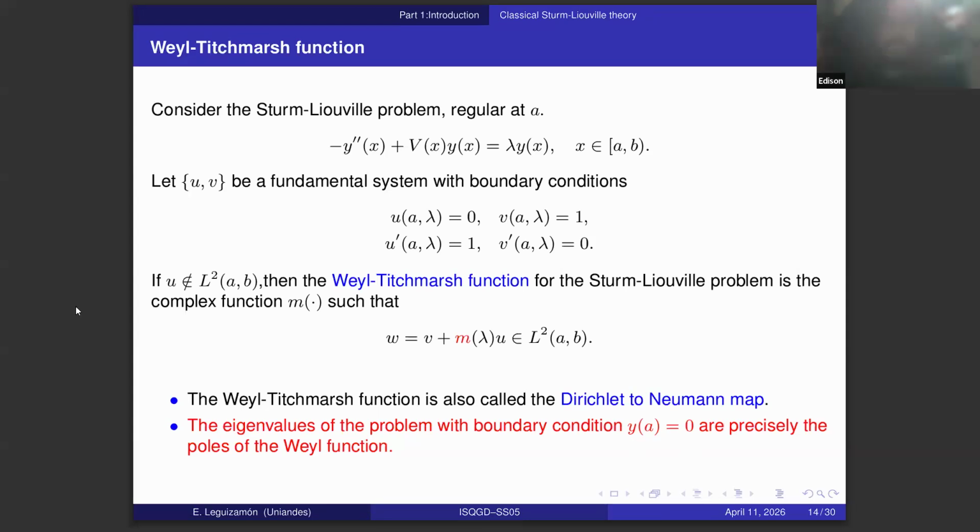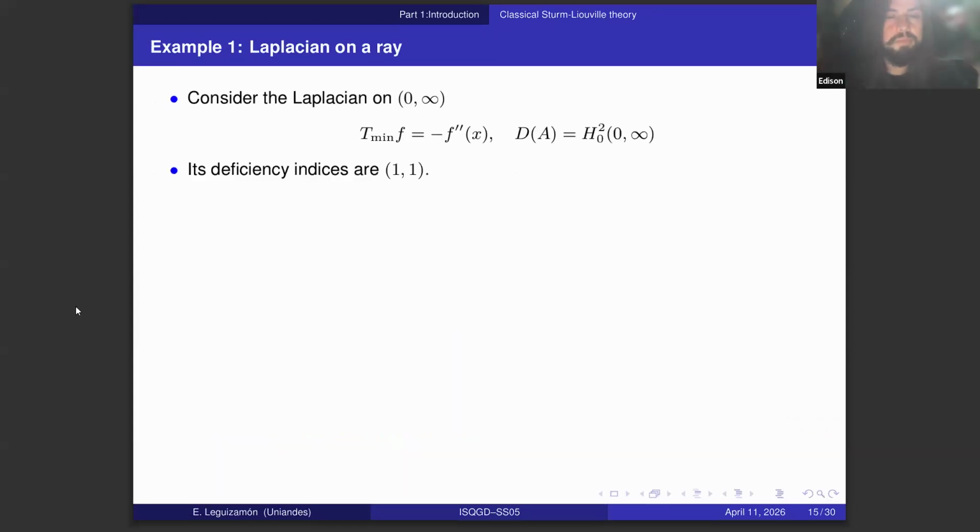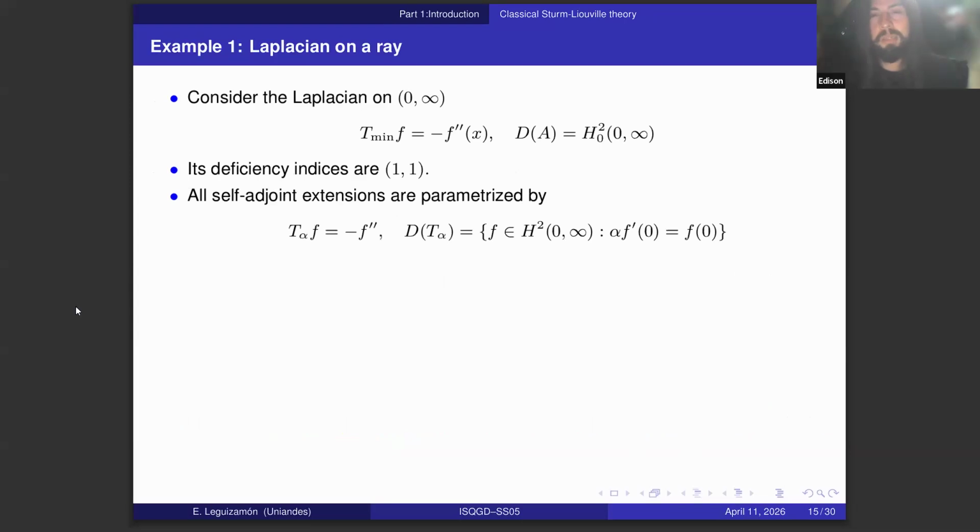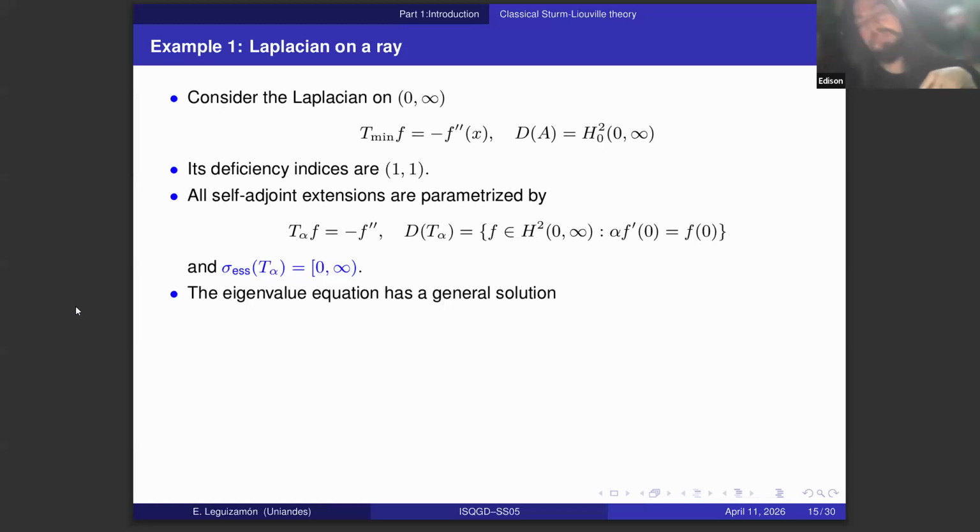So, a small example, the classical example, and the easiest example, is when we have the Laplacian. Recall these are all the self-adjoint extensions.